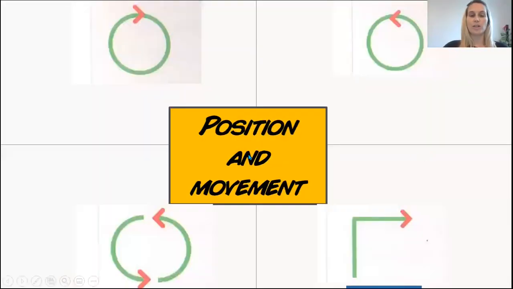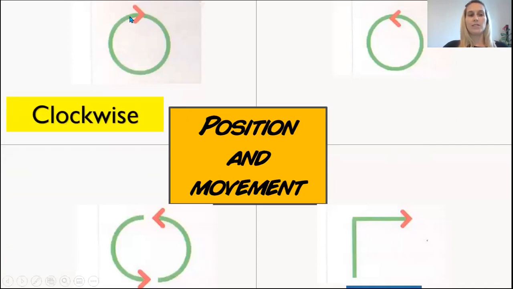So we will start here, okay? When this circle is like this and the arrow is facing that way, we call that clockwise. If you ever look at a clock face, you will see the way that the hand turns, and we say that that is clockwise.